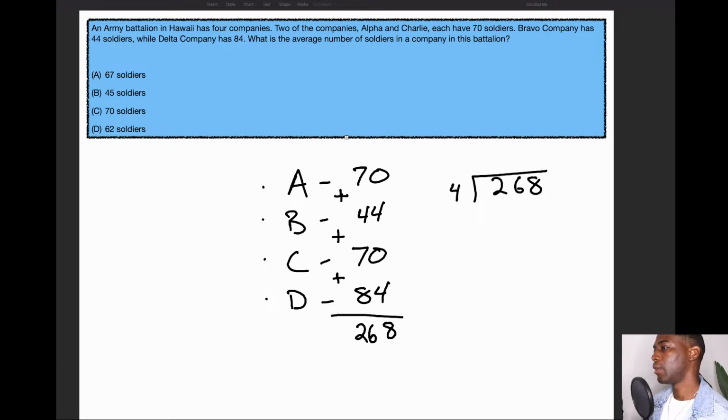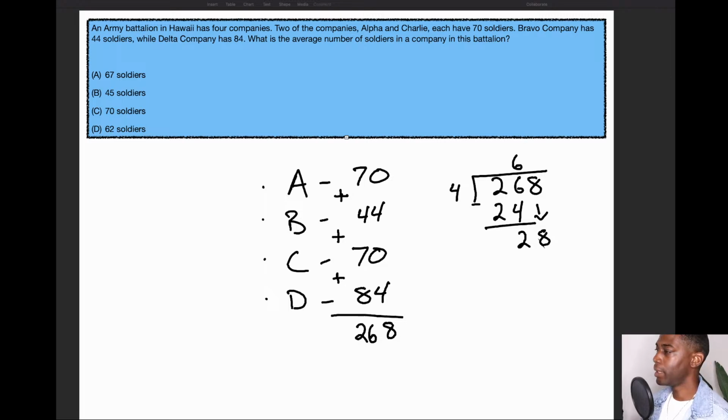4 does not go into 2, but it does go into 26. How many times? 6 times, right? Giving us 24. We subtract these two things. 26 minus 24 gives us 2 remainder. We drop the 8 down. 28. 4 goes into 28.